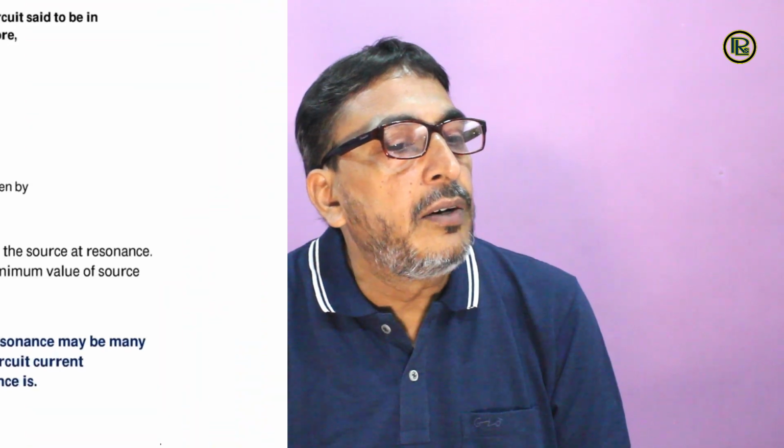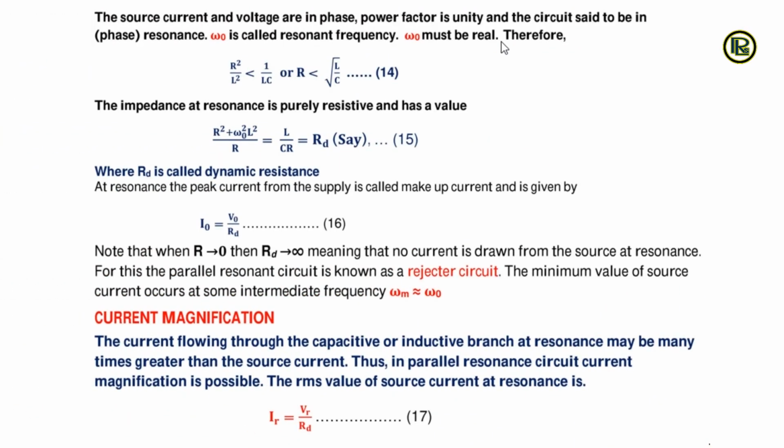In this case, the source current and the voltage are in phase. Power factor is unity and the circuit is said to be in phase resonance, and omega 0 is called the resonant frequency, and omega 0 must be real.